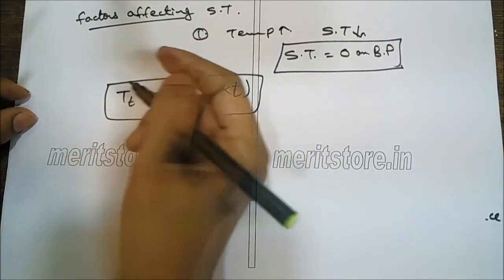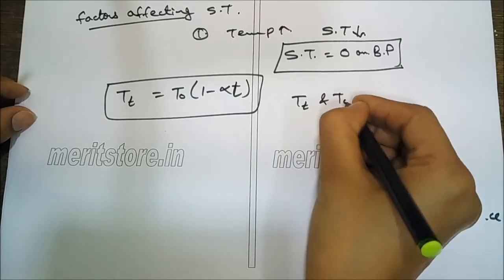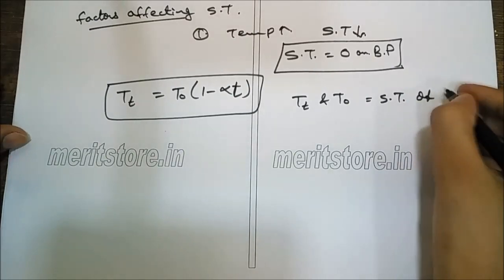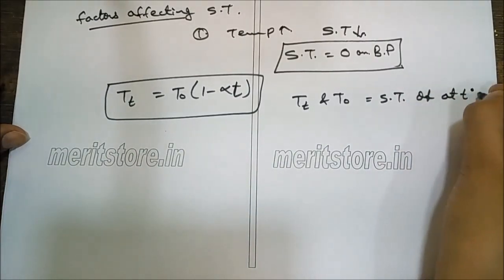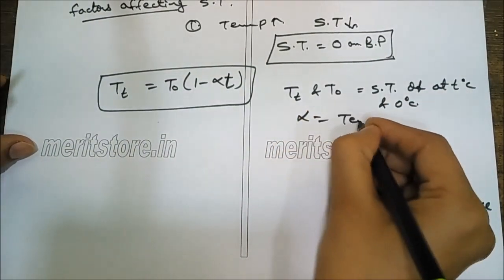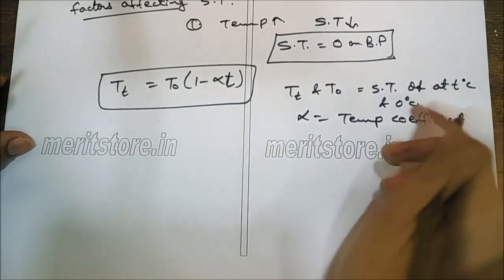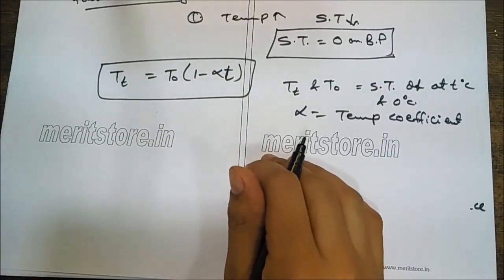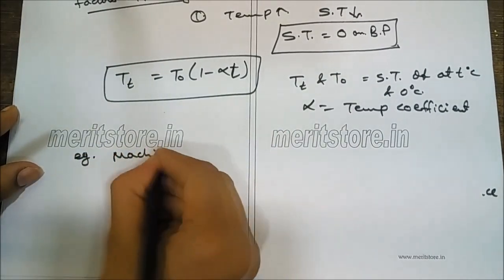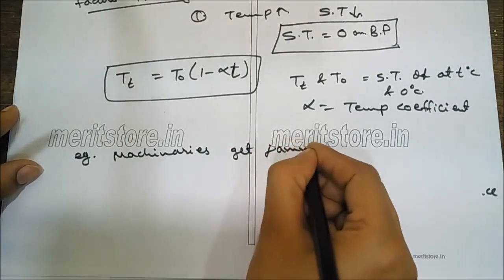We can calculate the surface tension by this formula, where T and T0 are the surface tension of the liquid at T degree centigrade and 0 degree centigrade, and alpha is the temperature coefficient of surface tension. Example: machineries get jammed during winters.